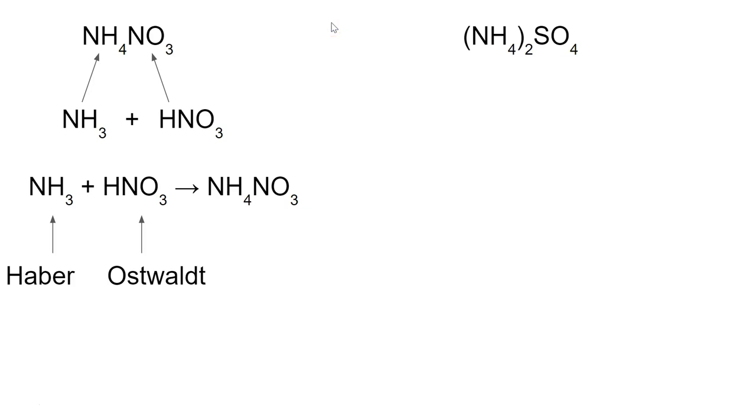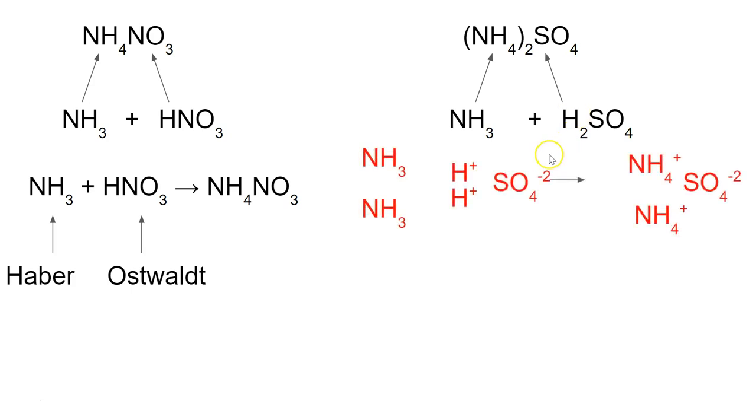The next fertilizer that I need to construct is ammonium sulfate. And this I get by combining ammonia and sulfuric acid. Now I'm going to rewrite this equation slightly, and I think it will help you with the balancing. If I rewrite sulfuric acid as its ions, you see that I have 2 hydrogen ions and 1 sulfate ion. Now, if each of these hydrogen ions combine with 1 ammonia molecule, it will actually give me ammonium. So I have a hydrogen combining with this molecule and a hydrogen combining with that ammonia molecule.